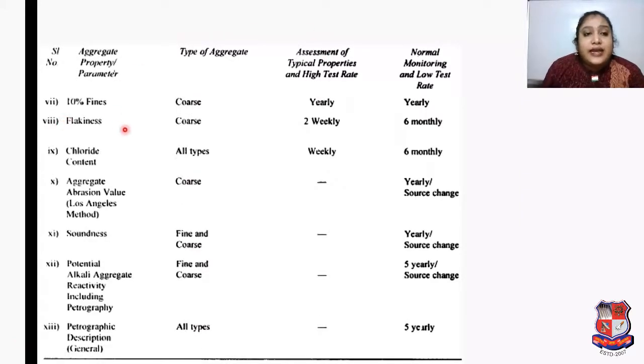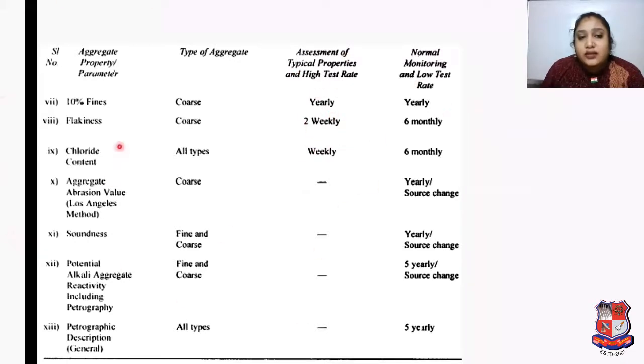Here 10% fines, flakiness, chloride content, aggregate abrasion value, meaning Los Angeles method. By using Los Angeles method, aggregate abrasion value, soundness, potential alkali aggregate reactivity including petrography description for general, for different types of aggregate, assessment of typical properties and high test rate, frequency is given over here.